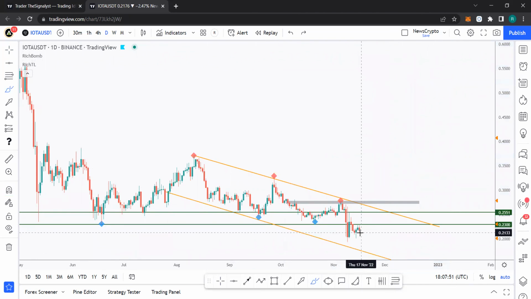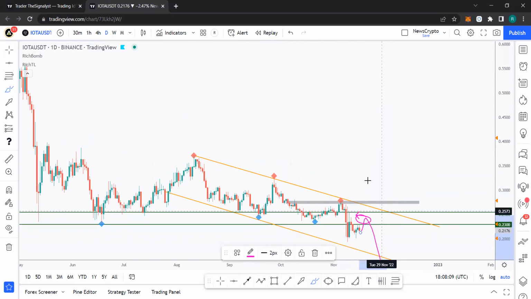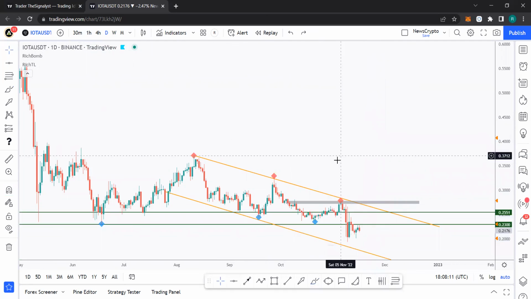For now, don't buy at a cheaper rate for a small movement only because you want to catch a big move, because we can still trade lower from here if Bitcoin rejects the 18K. For example, IOTA would reject the 0.25 and trade lower from here to make one more impulse movement downwards. That's basically it for today.